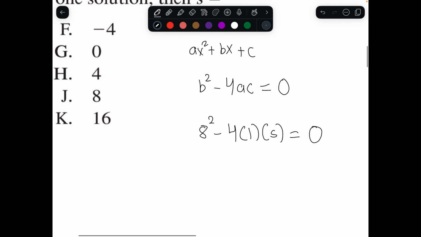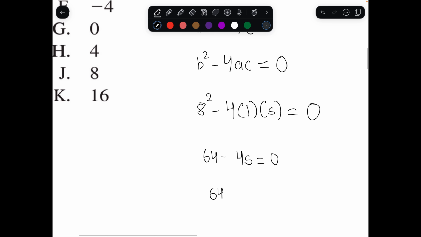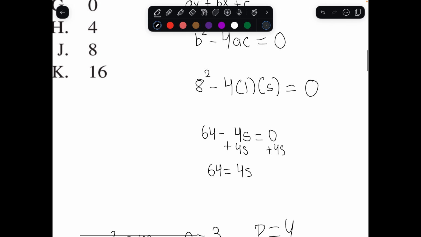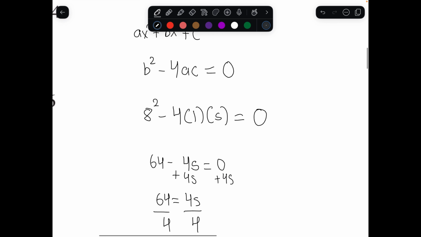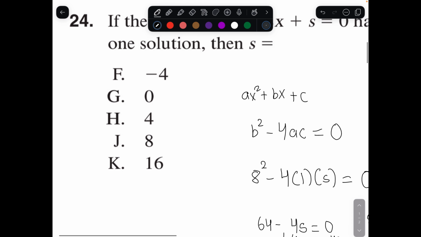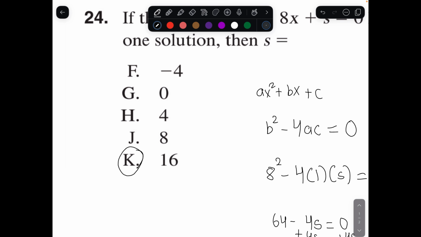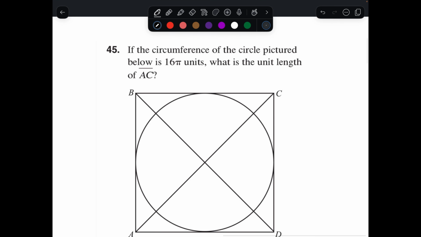And now we can solve for s. 64 minus 4s equals 0. 64 equals 4s because we add 4s, right? And now we can divide by 4, and we get s equals 16. So 24 is K.